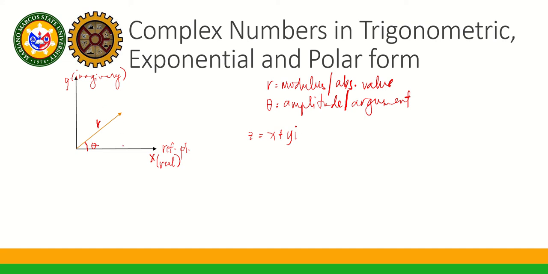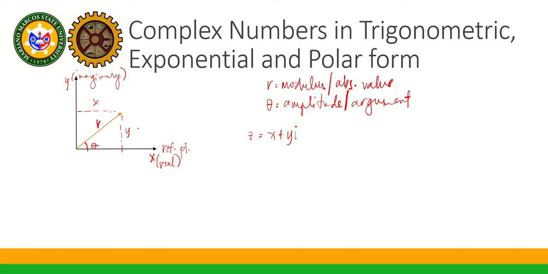So, ito ngayon si x. Yan. And then, y, I should say. So, this is our x and this is our y. Parang pinarallel lang natin sila. So that we could draw a right triangle.